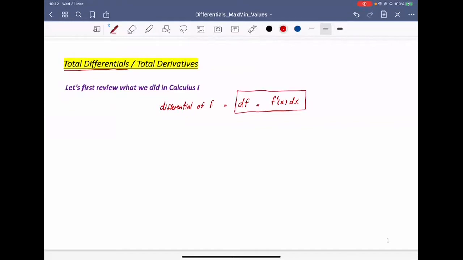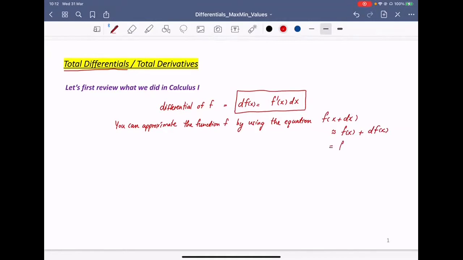And then when you have the differential in calc 1, the application that you have is you can approximate the function f by using the equation f of x plus dx can be approximated by f of x plus df of x, which is the one that I boxed, which is the same thing as f of x plus f prime x dx.